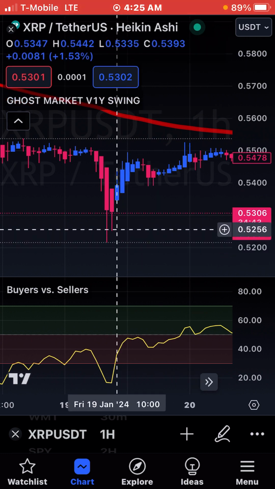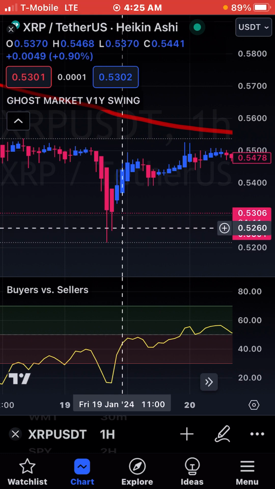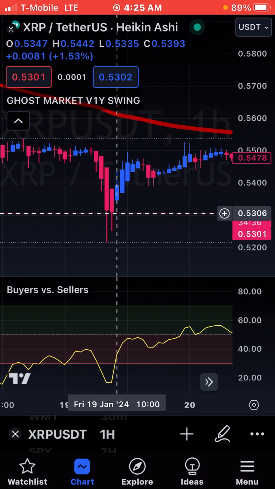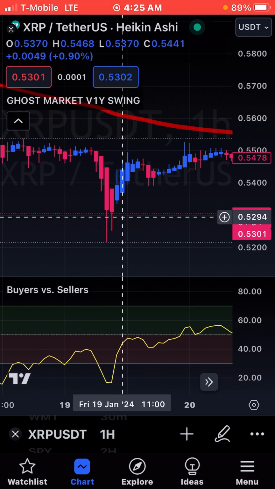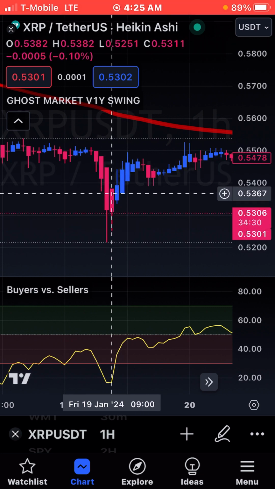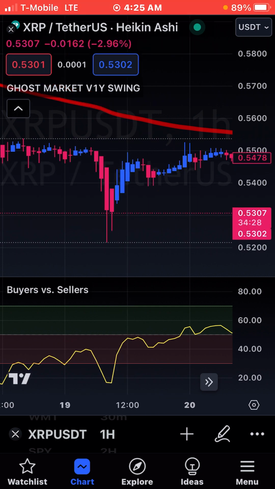Like right down here, you see XRP in the bottom here, and you see it crossing to the top. This would be a bottom, and you can get a quick retracement right here. So you can find those moments.